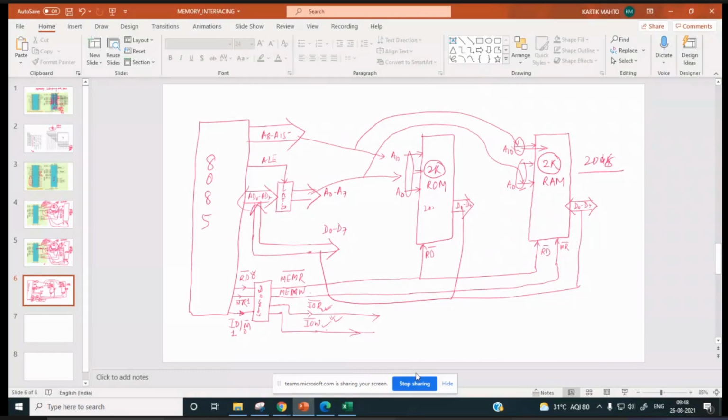Now suppose this processor wants to read data from, say, one location. So it will send the address via this. These address pins are connected to both chips. Here also we have 2048 different locations, and here also 2048 locations. So from which chip will it read the data, because this MEMR is connected to this read bar and also to this RAM chip read bar? So from where will data come out and go into the processor?